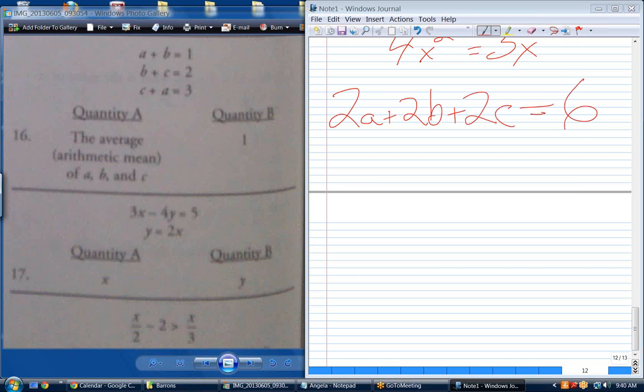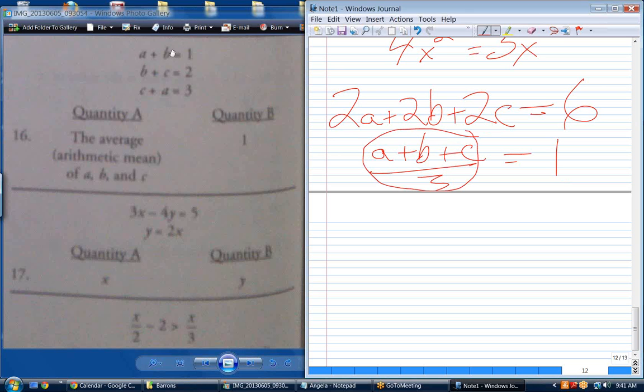So if I divide everything by 6, I will get a plus b plus c divided by 3 equals 1. And that is the average of a, b, and c. So they're the same.